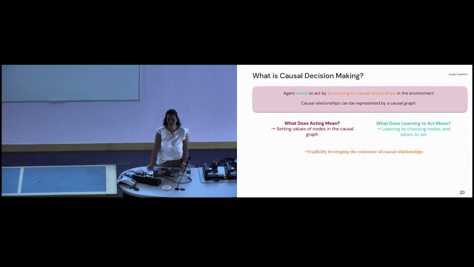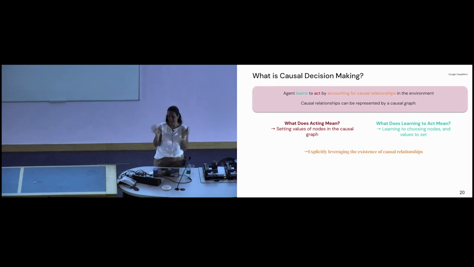Okay, so what is causal decision making? I'll try here to give a definition. There is no unique one, so it's my personal view on causal decision making. With causal decision making, we think about an agent that learns to act in an environment by accounting for the existence of causal relationships, where causal relationships are represented by a causal graph, like the one that we've seen so far.